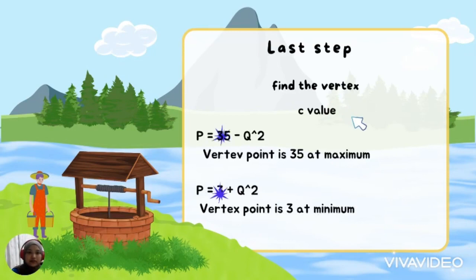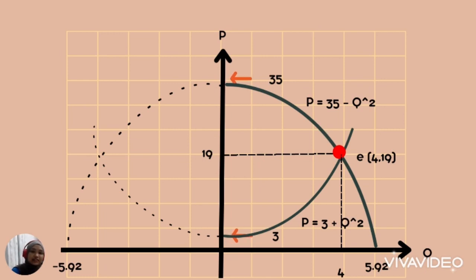The last step is to find the vertex. To find the vertex, we can simply look at the constant value for both functions. For the first function, which is the demand function, the vertex point is 35 at maximum, and for the second function, the vertex point is 3 at minimum. So this is the final graph, which shows how to find the equilibrium price and quantity on the Cartesian plane.